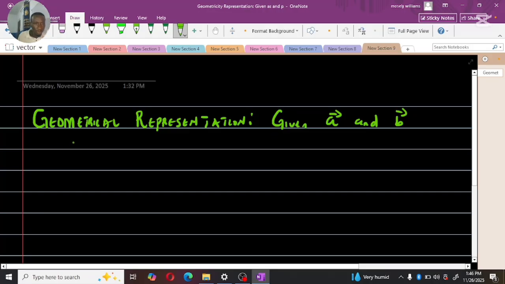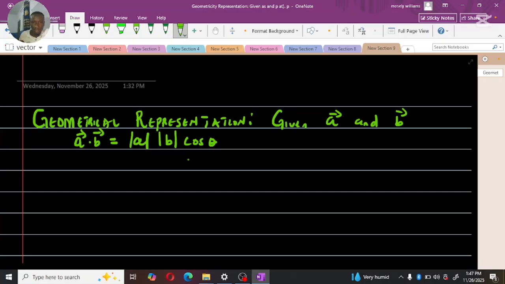Their dot product, A dot B, is equal to the magnitude of vector A times the magnitude of vector B, multiplied by the cos of the angle between them. Theta is the angle between A and B. Very, very simple.